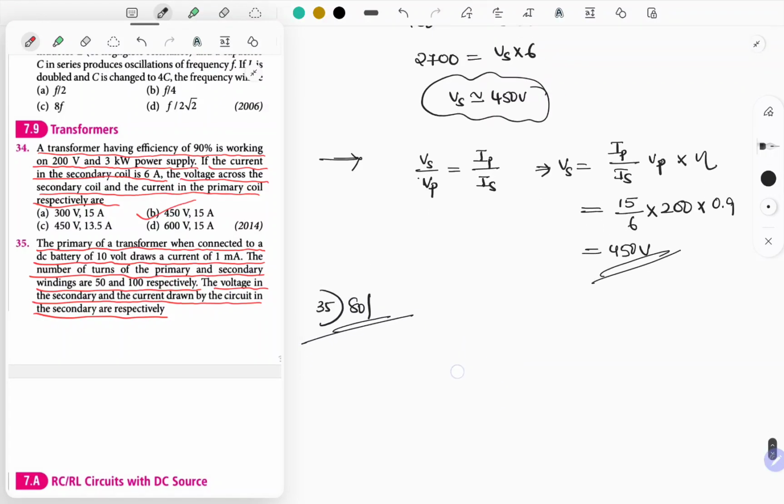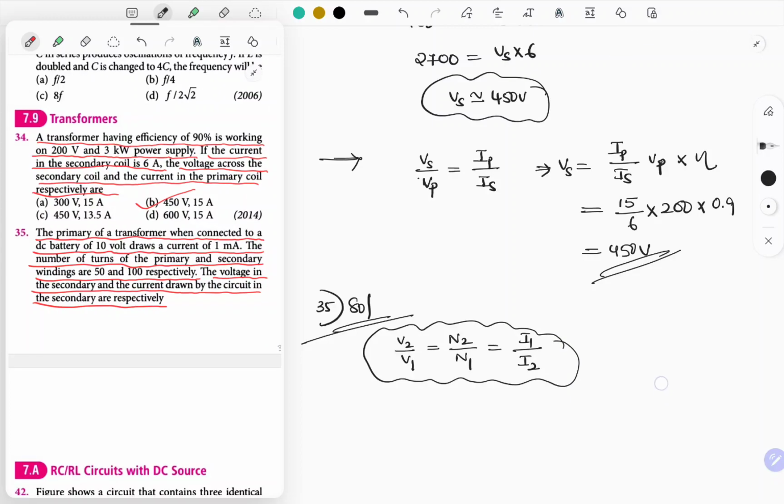They didn't mention any efficiency, that means it is an ideal transformer. So we can use this relation: V2 by V1 is equal to N2 by N1 is equal to I1 by I2, where 1 refers to primary, 2 refers to secondary.